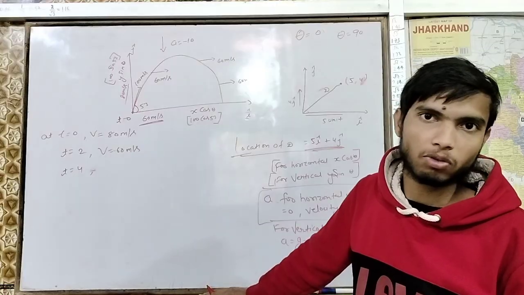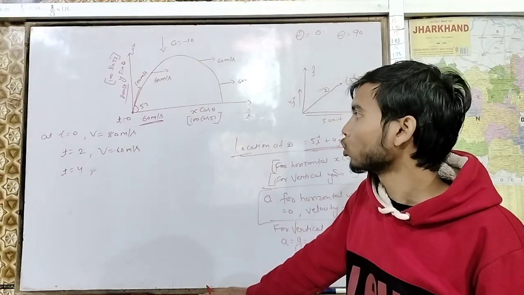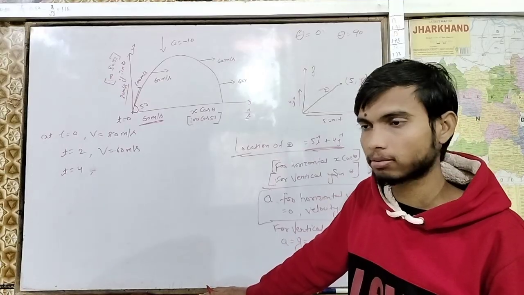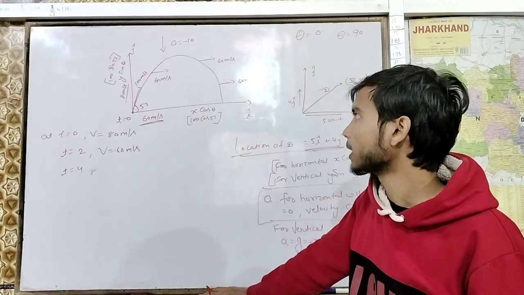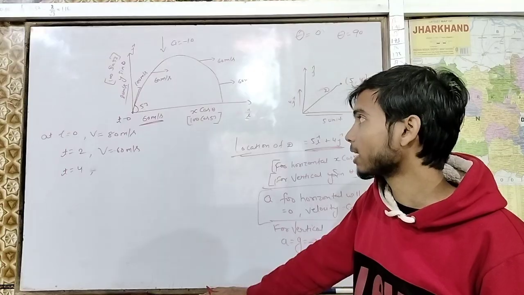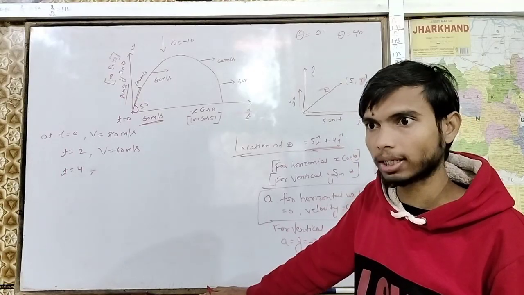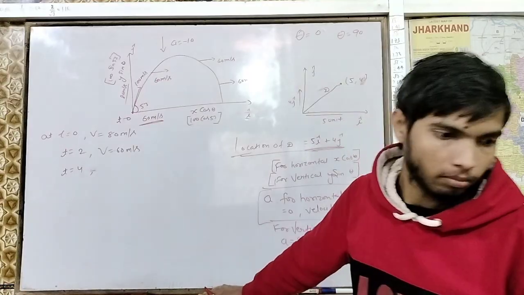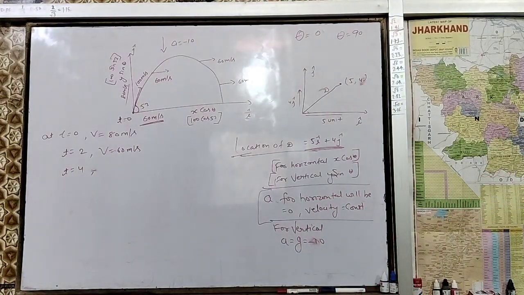So minus 10 multiplied by 4 is 40. So at 4 seconds the change is minus 40, and initially velocity was 80. So 80 minus 40, it will become 40.